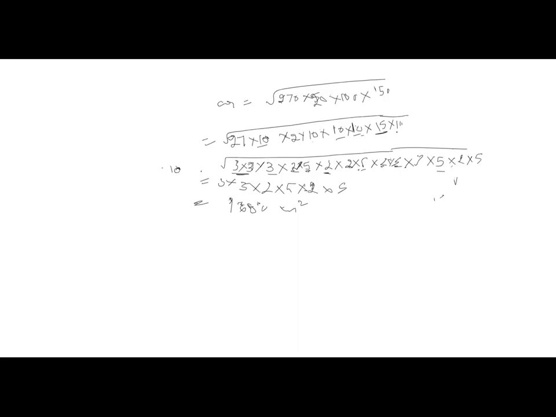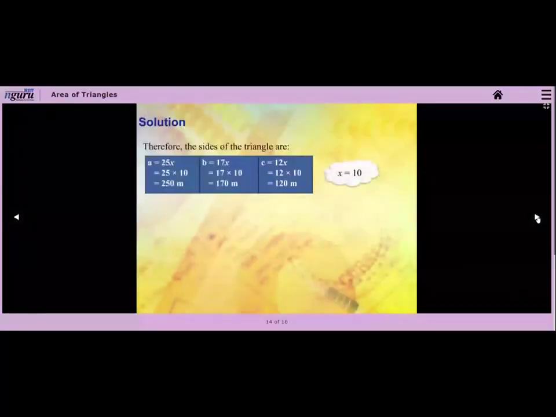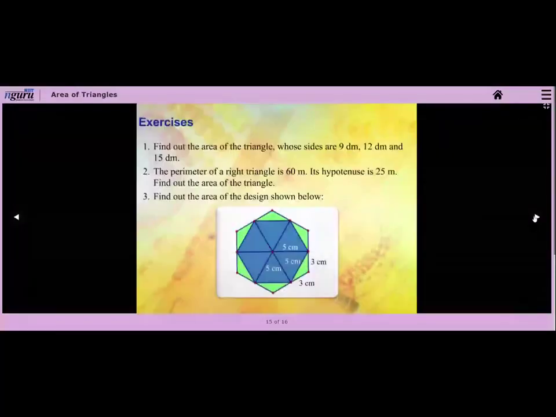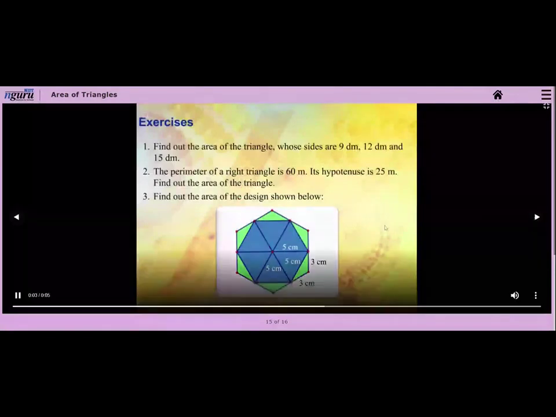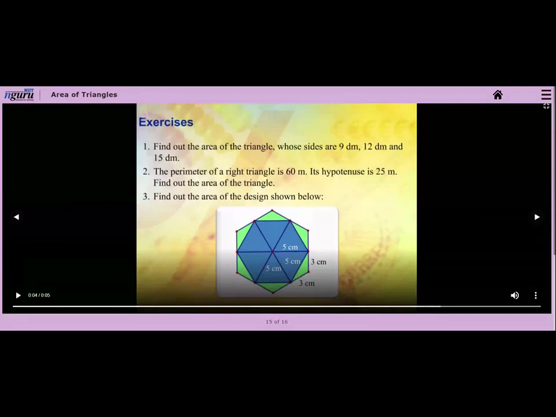So let's go to the next one. Now try these questions and check the answers on the next page. You can take these questions as homework. You can write down or take a screenshot and then work out these 3 questions.